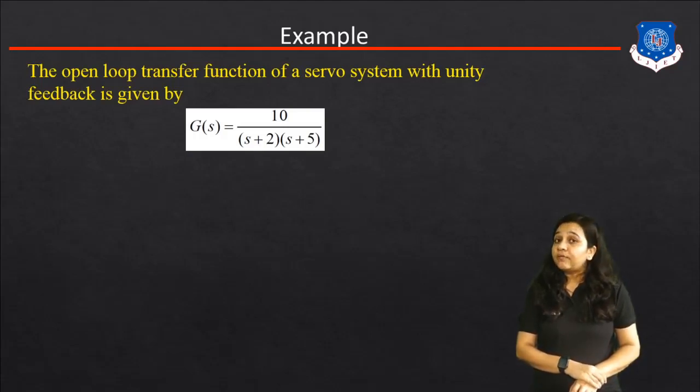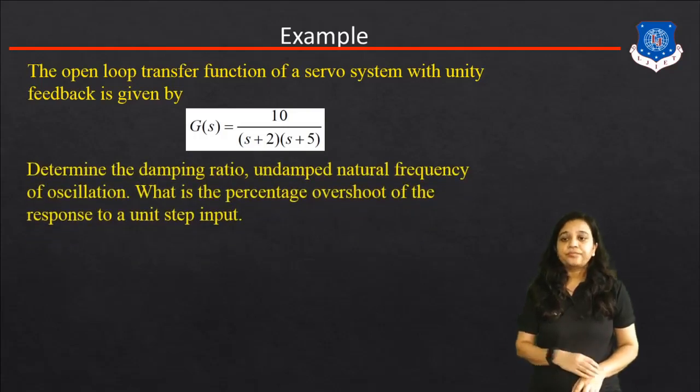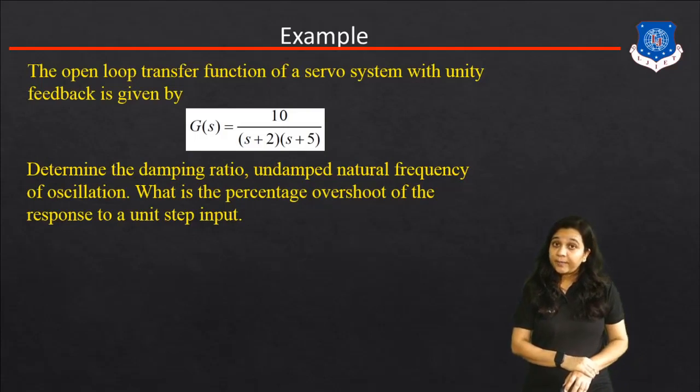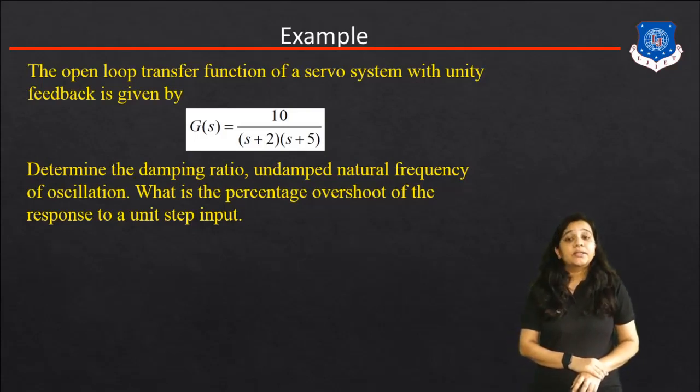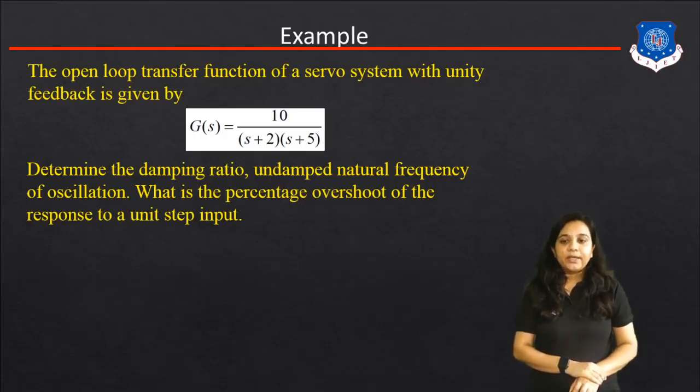Here unity feedback is given, so the value of H of s is equal to 1. We have to determine the damping ratio, undamped natural frequency of oscillation, and the percentage overshoot of the response to the unit step input.